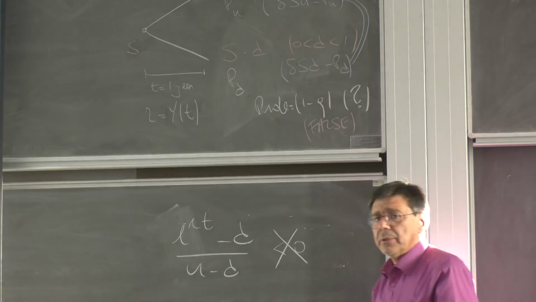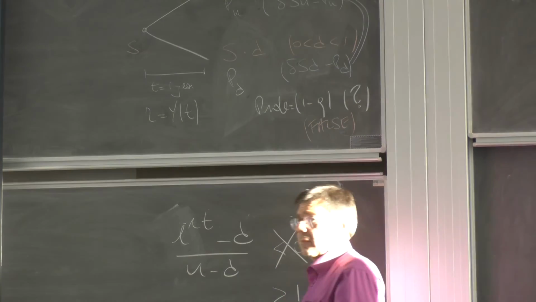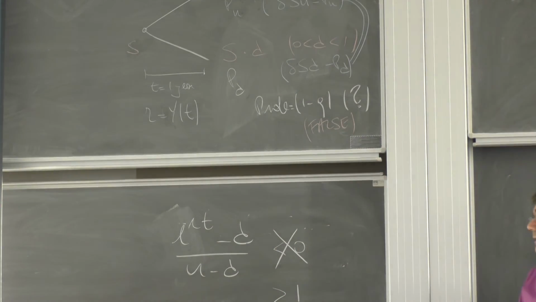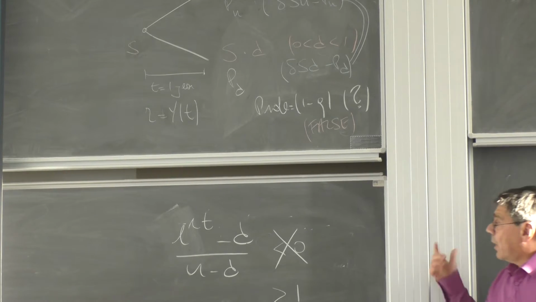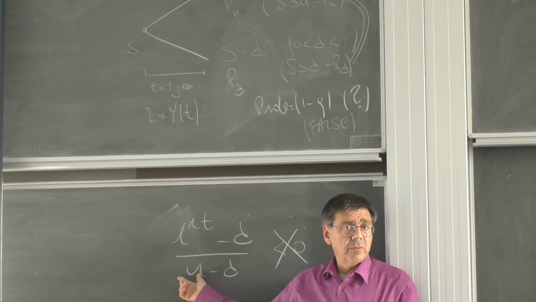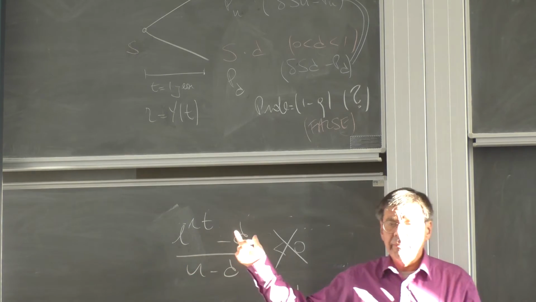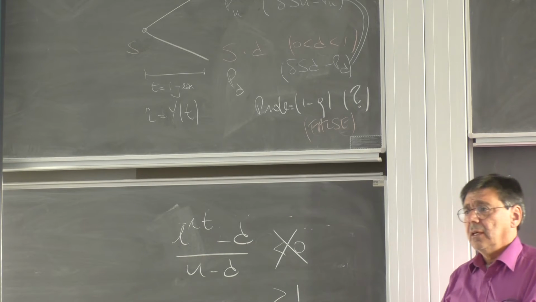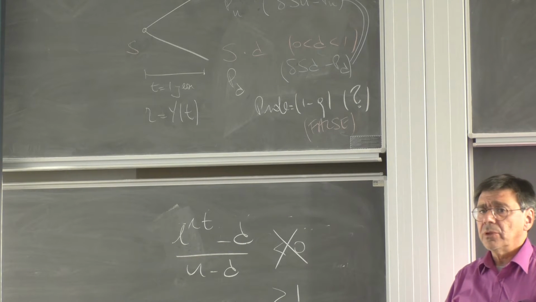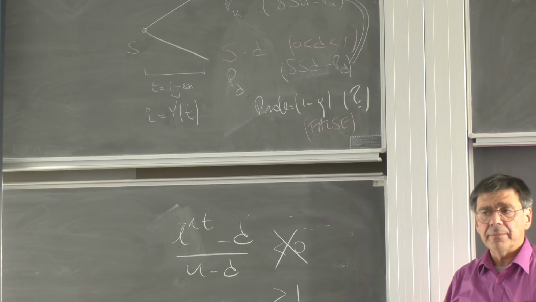What other things can happen here? Can this be greater than 1? Well, what does it mean for this to be greater than 1? It means that this is bigger than u, right? So you can put your money in the bank, or you can invest your money in the underlying asset, and the best thing that can happen if you invest in the underlying asset is not as good as putting your money in the bank.